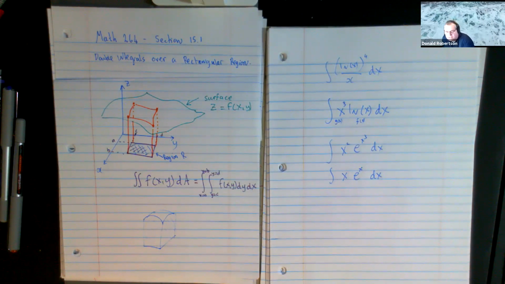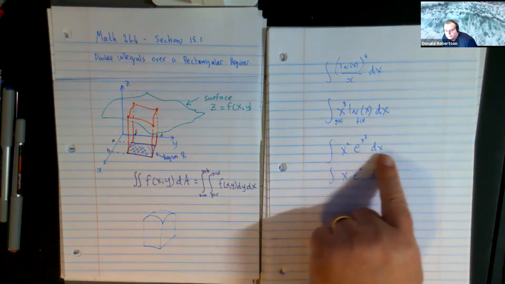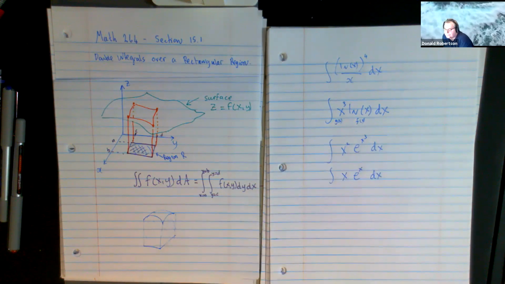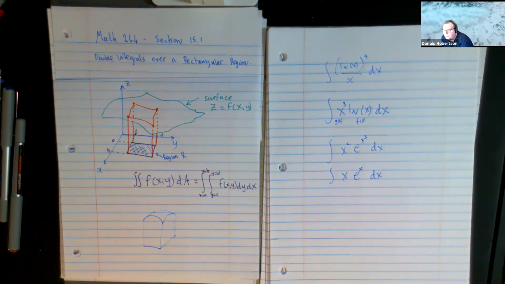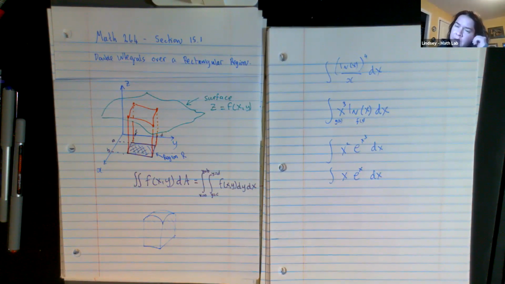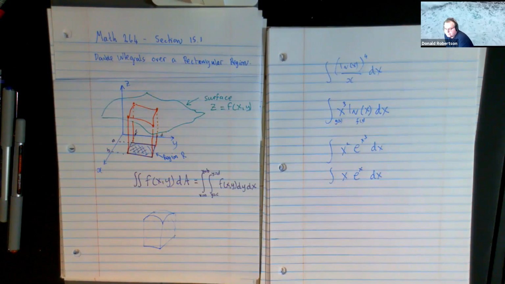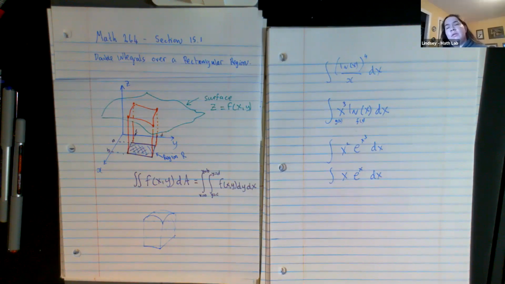They have powers of x's and they have e to the something. What technique will you use for the top one? I would personally use U substitution for that. Because it would be what? Say again. What would the U sub be? My U would be x cubed.